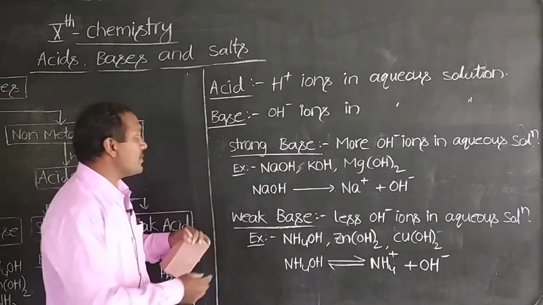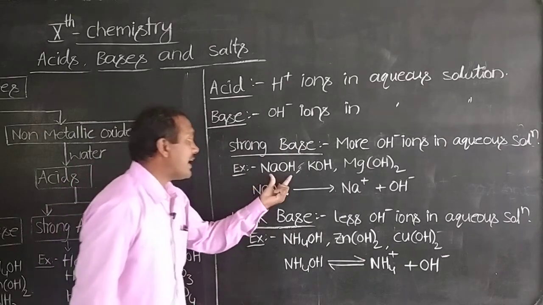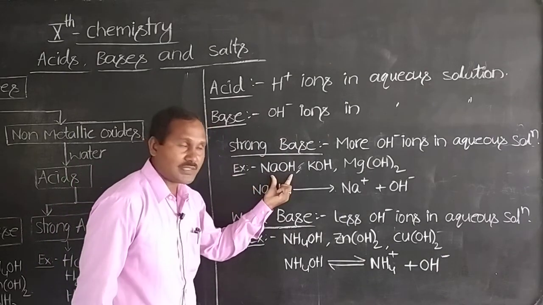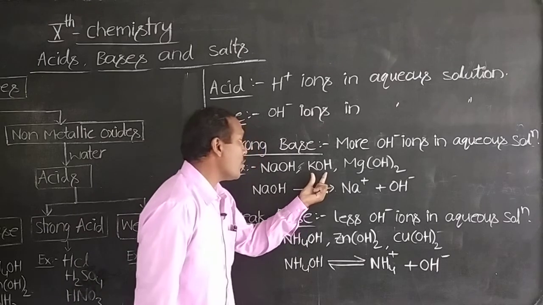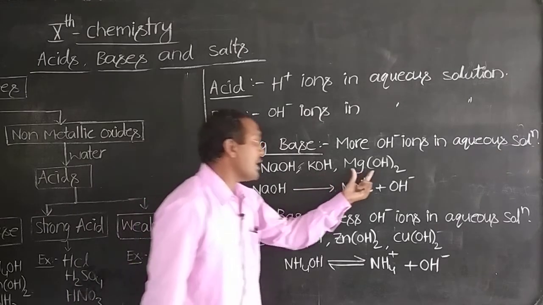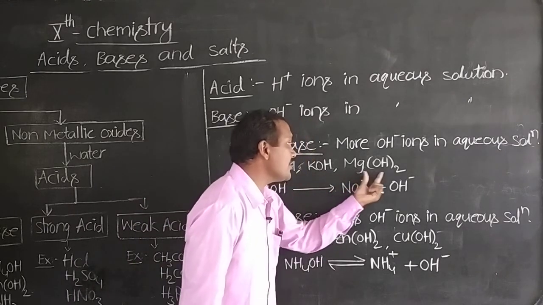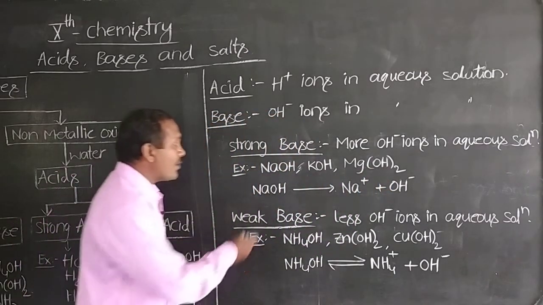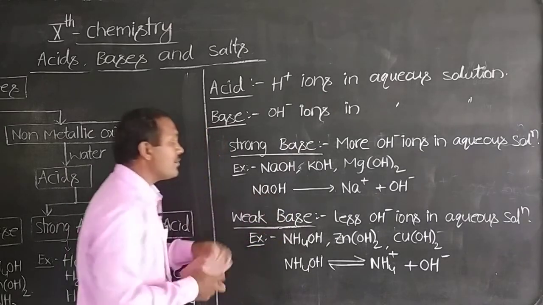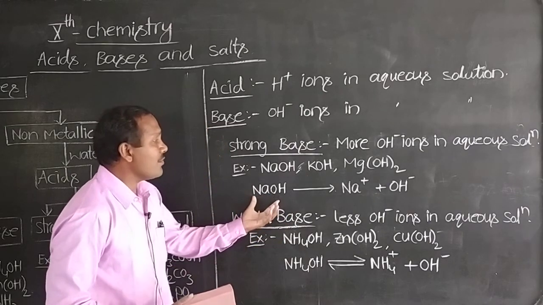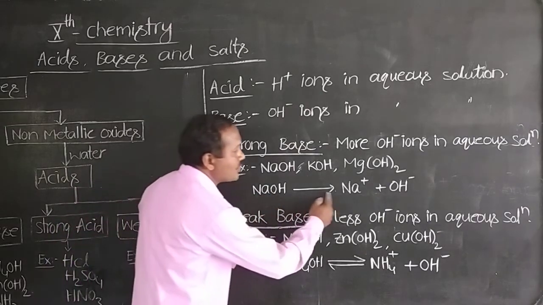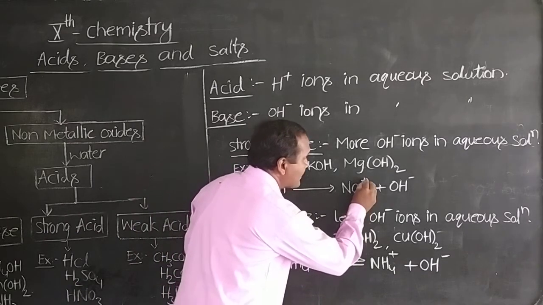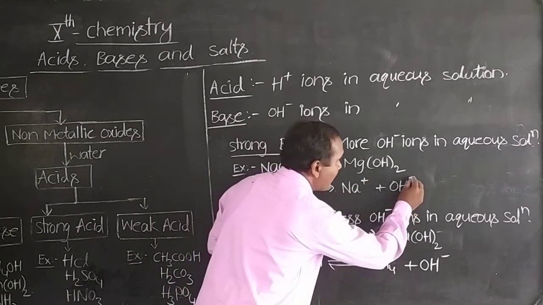Some examples of strong base are NaOH, sodium hydroxide, KOH, potassium hydroxide, and Mg(OH)2, magnesium hydroxide. Take one example, NaOH. Sodium hydroxide decomposes to form Na plus ion and OH minus ion.